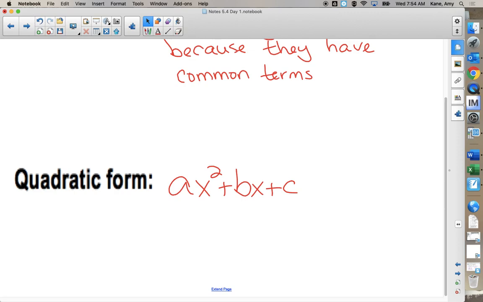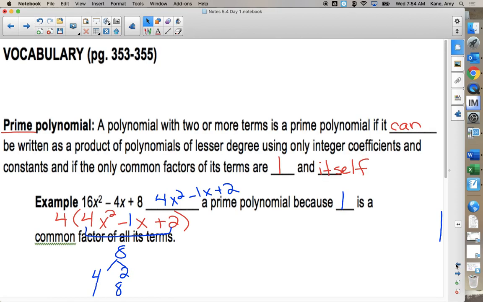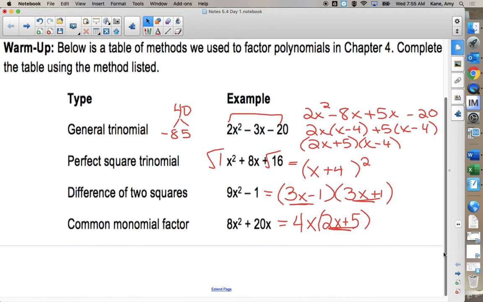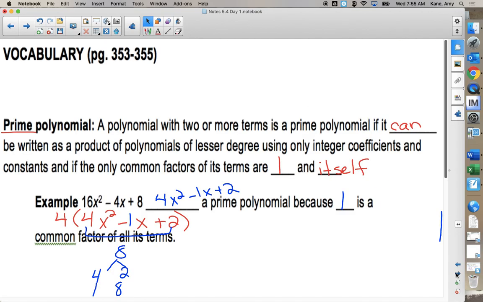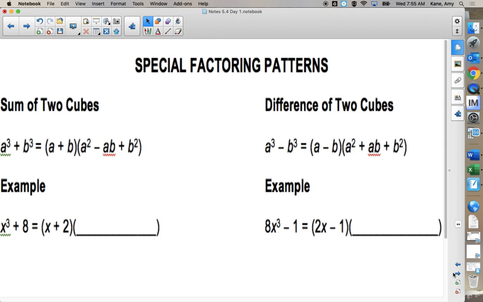So we reviewed at the top of the page and yesterday the 4 different methods that we use to factor. There is one other type of factoring, and that's at the top of the next page, because not everything is going to be in the quadratic form. Not everything is going to have an x squared. So at the top of the page, there are a couple more special patterns.